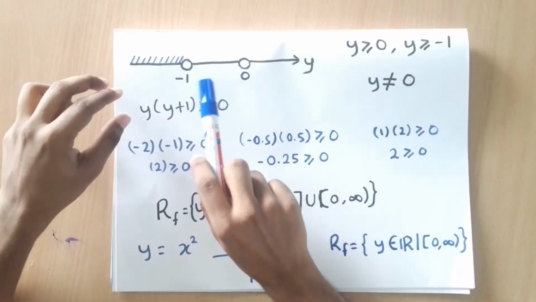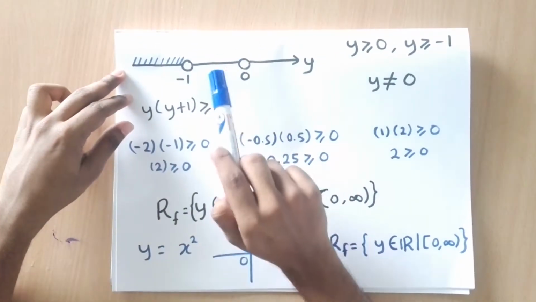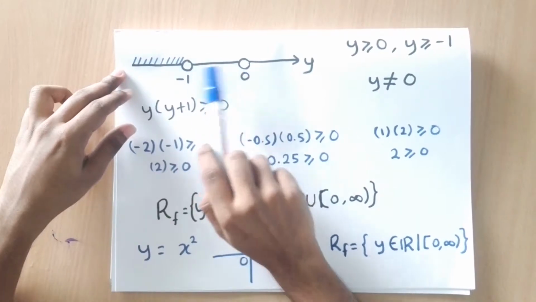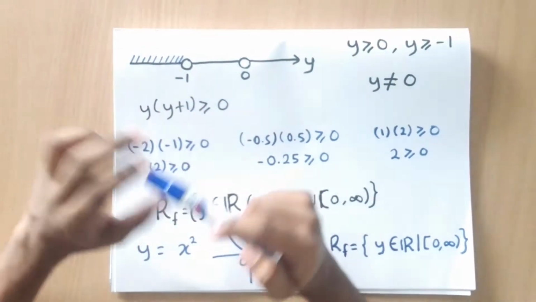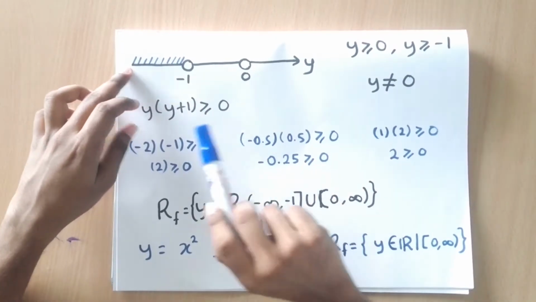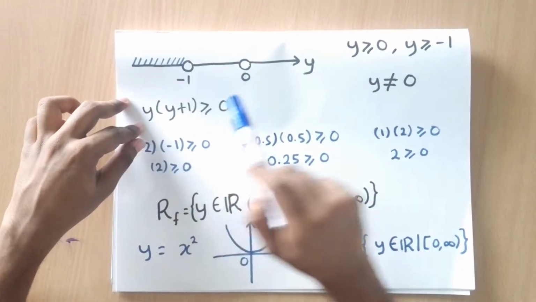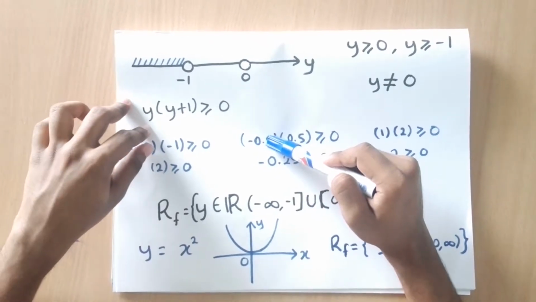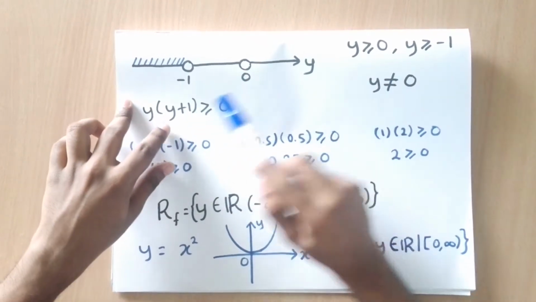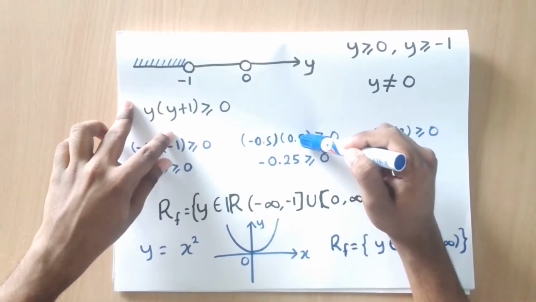And for the range between minus 1 and 0, we take any random number between this range. So for example, let's take minus 0.5 and substitute it for y in this inequality. So minus 0.5 times (minus 0.5 plus 1), that is plus 0.5.